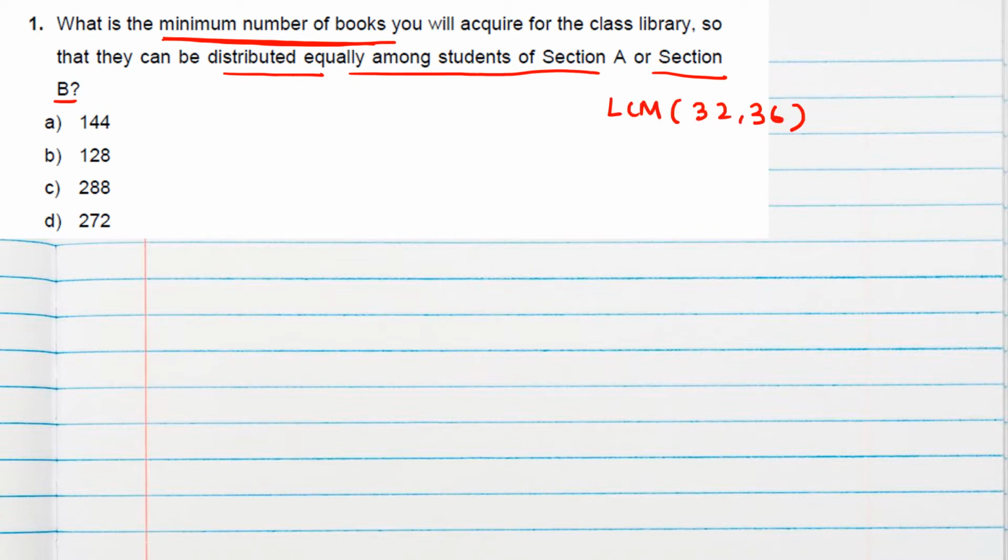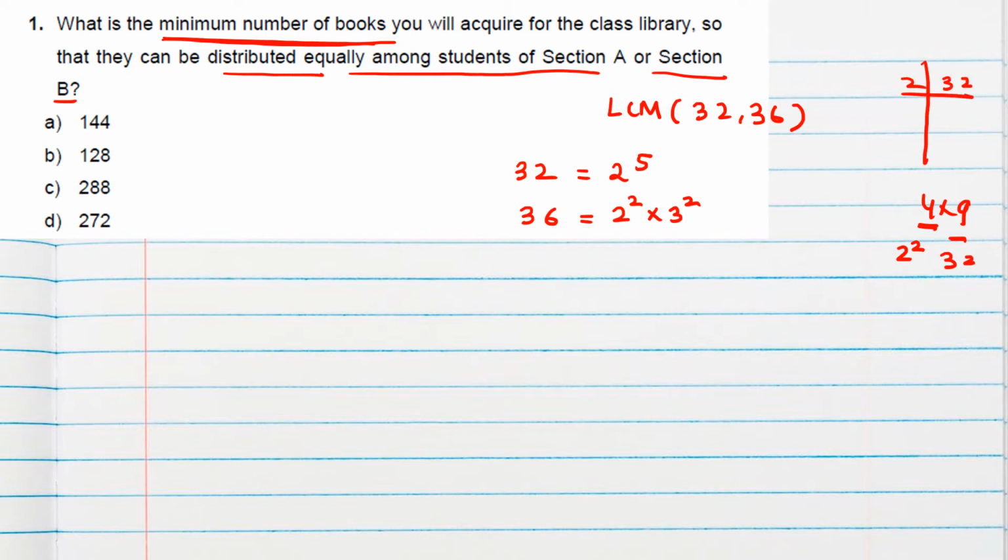Okay, so we'll use the prime factorization method here. 32 we can write as 2 power 5, right? And 36, if you do the prime factorization, will be 2 square 3 square. Because we know 4 nines are 36, 4 can be written as 2 square, and 9 can be written as 3 square. 32 also you can find by using prime factorization like this, and we can write it in power form.